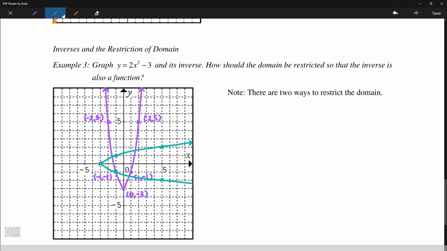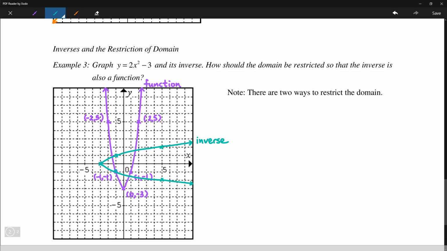All right, I think that's good enough for our purposes. Okay, so it says graph the function and its inverse, which is now done. It would be good to label it. So this is the function in purple, and the parabola kind of on its side pointing to the right is the inverse.